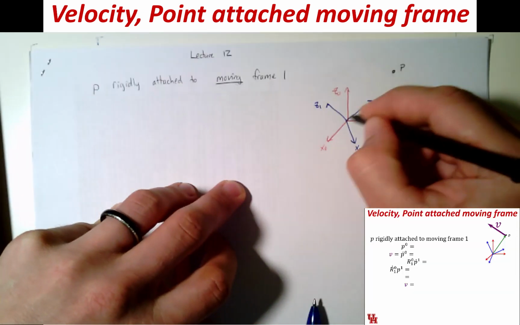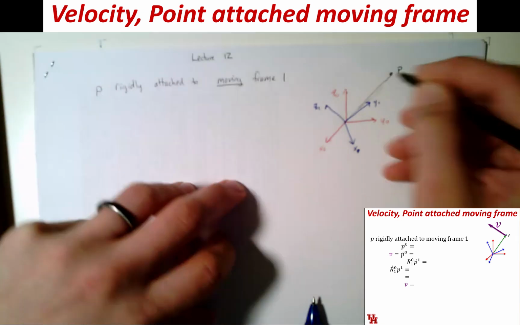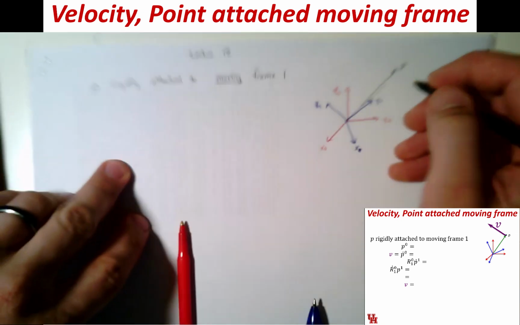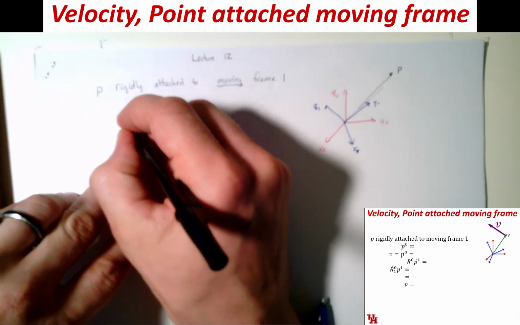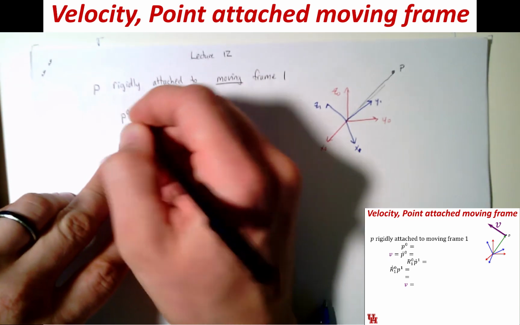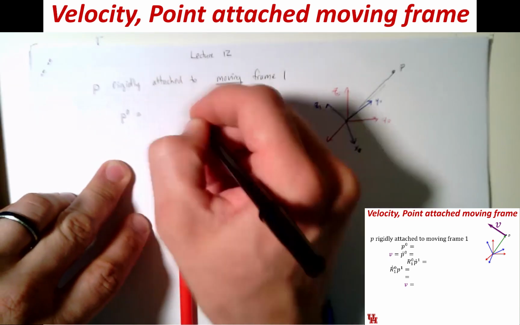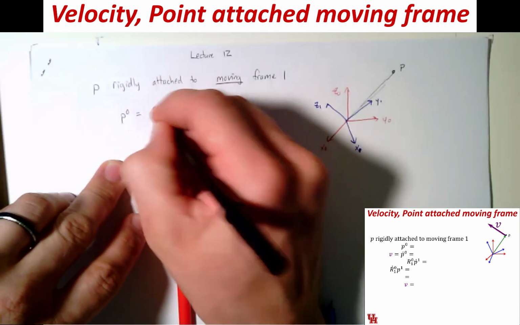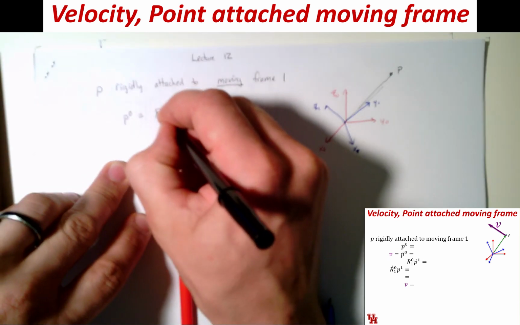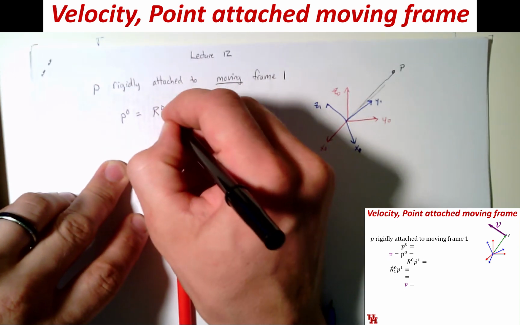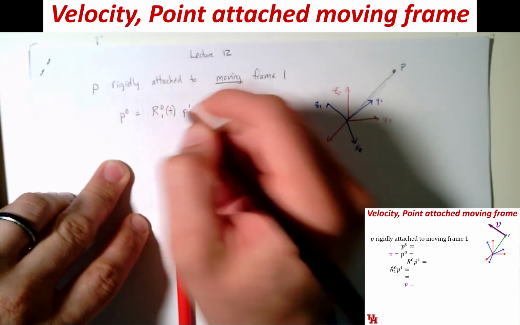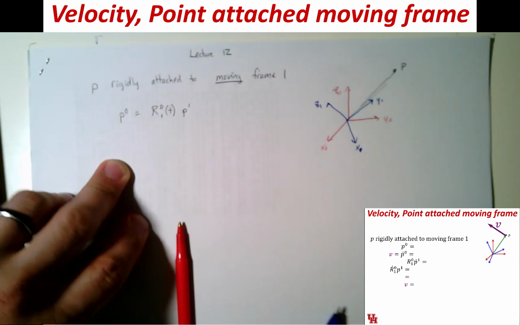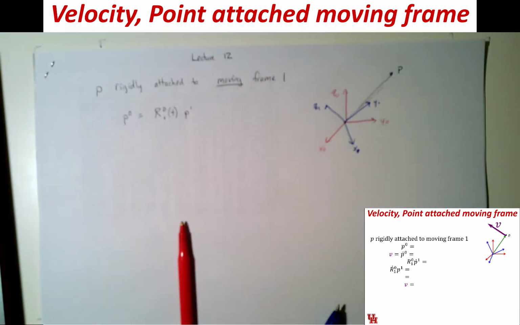We can draw our vector to P. And this vector in frame 0 is going to be P0. And P0 is related to P in frame 1 by a rotation matrix, R, which goes from frame 1 into frame 0. But this is a rotation matrix that is varying with time. So I've got R1 as a function of time.